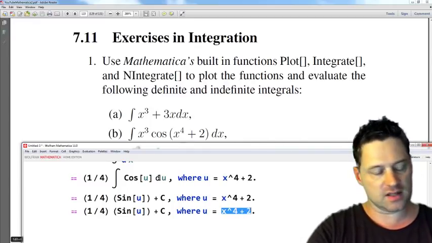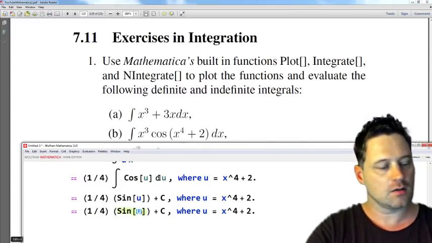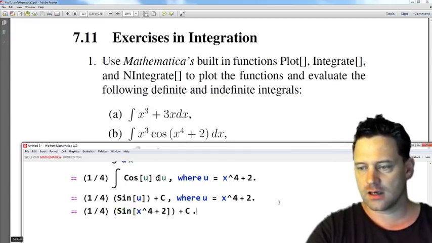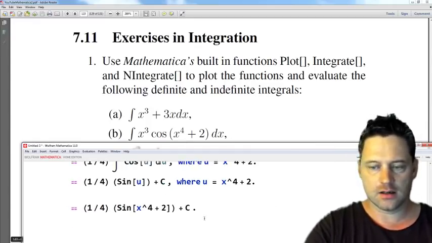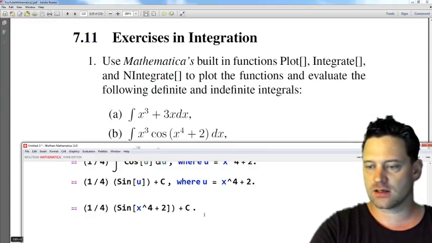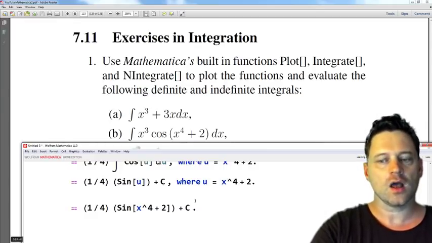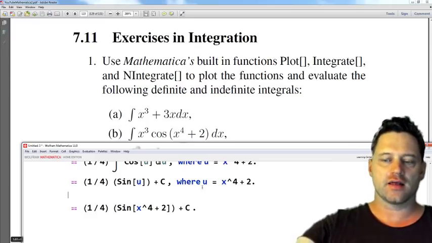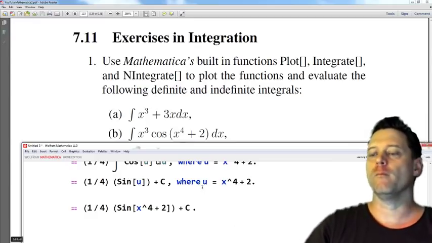And so I'll copy this, put it right here. Now I can get rid of that. And this is the answer. Okay, so the answer is 1/4 sine of x to the fourth plus 2, and then all plus c.